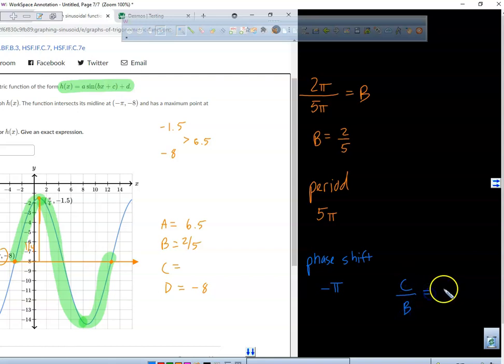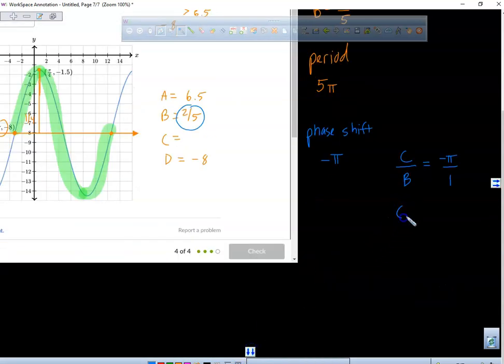So if C over B equals -pi over 1, I don't know my C value, but I do know my B value. My B value is 2/5. So C over 2/5 equals -pi over 1.